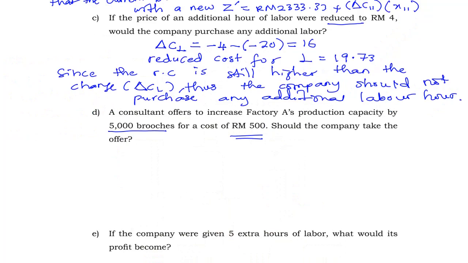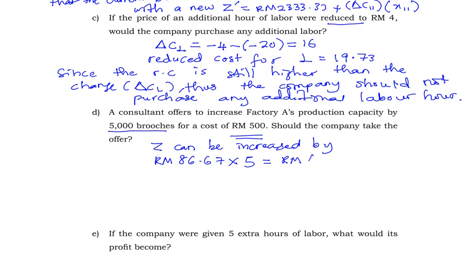So if we add 5, Z can be increased by RM86.67 multiplied by 5,000 brochures, so you will increase that value by RM433.35.